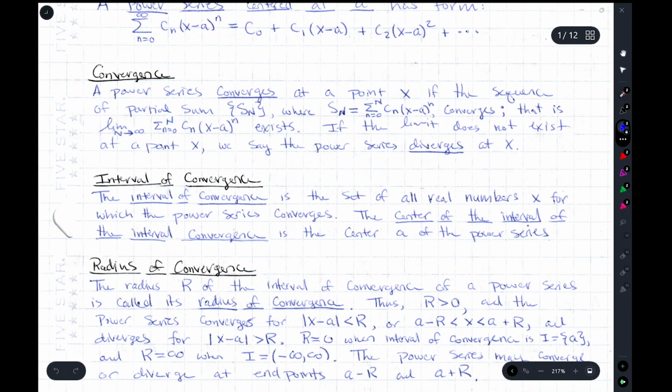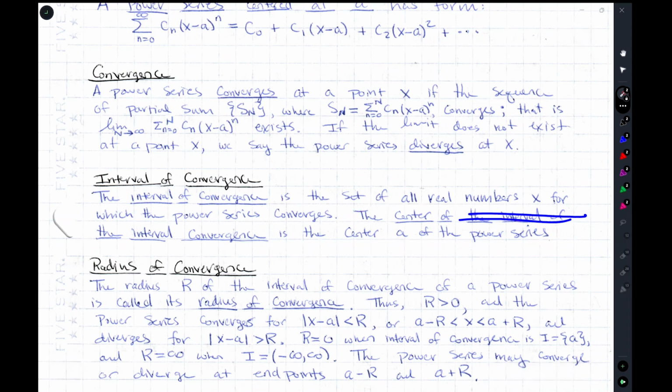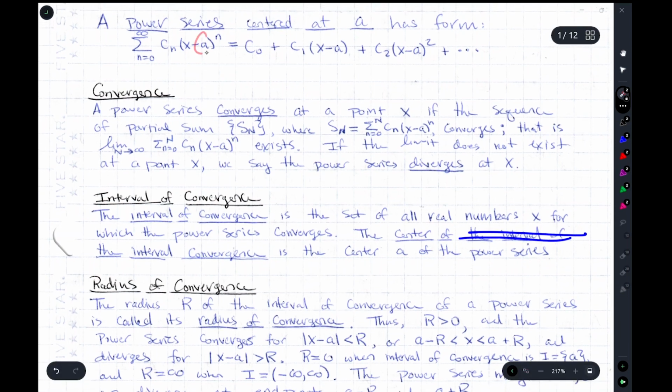The center of the interval of convergence is the center a of the power series. So this here is going to be the center of that interval, and someone might think, well, why is it the center?